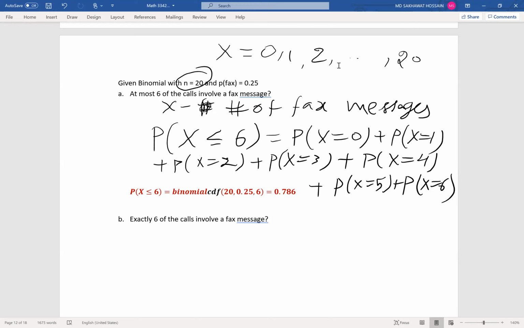Now for each one, you have to use the binomial formula for the binomial distribution.